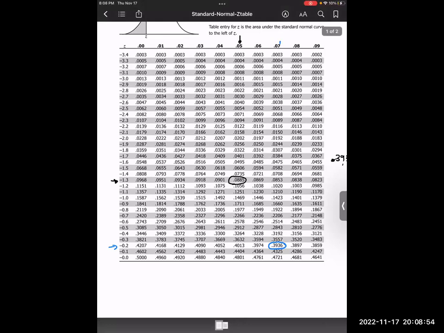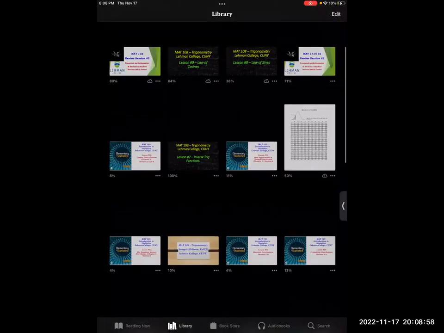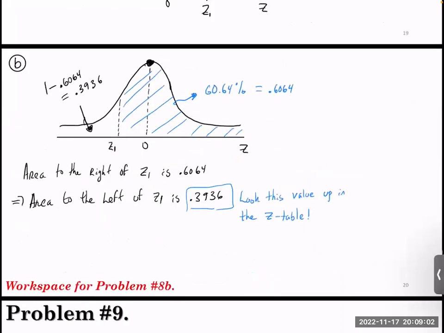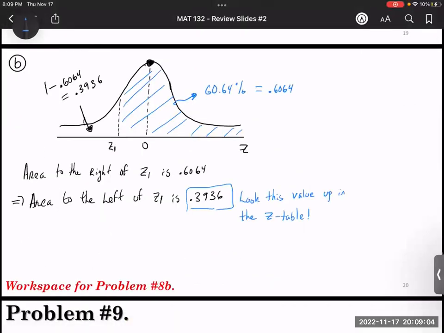So it's negative 0.27. I'm just putting it together. So you got Z equals negative 0.27.